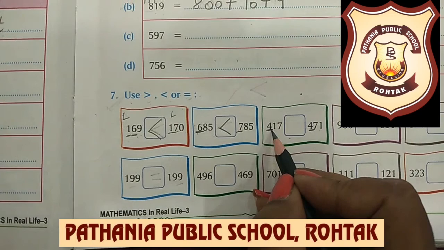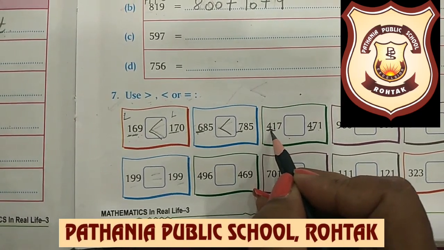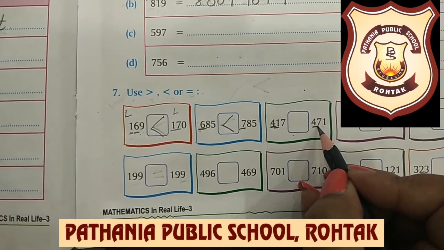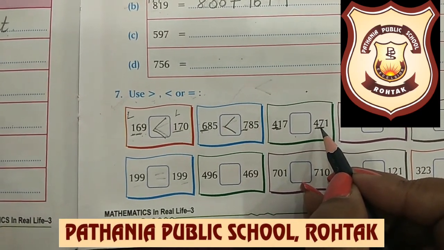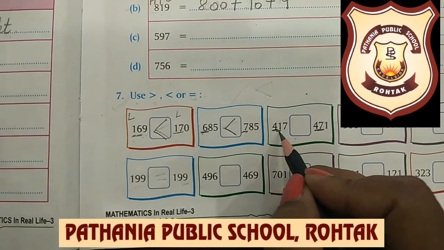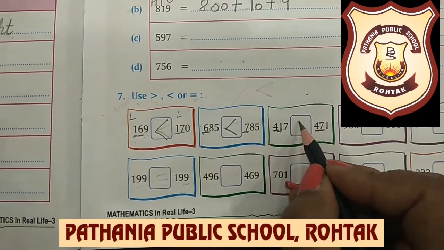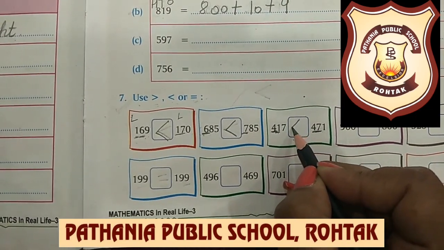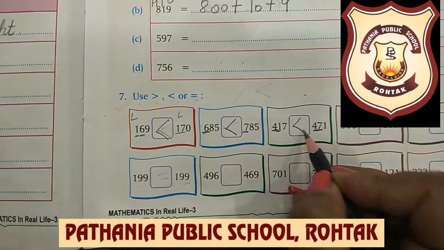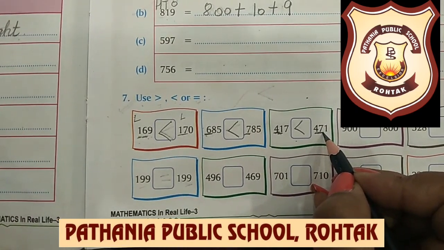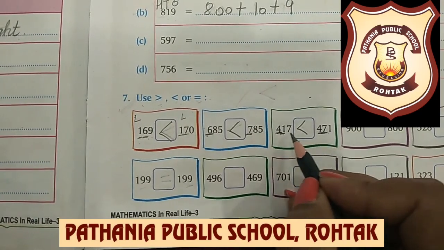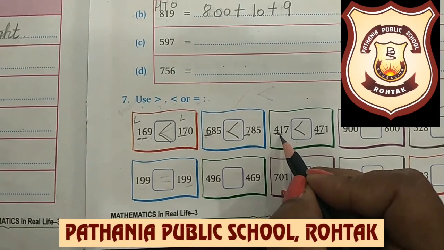Now 417 is having 1 as the second number and 471 is having 7 as the second number. So now 7 is greater than 1. So 471 is greater than 417. So again we will put the greater than sign in front of 471 because 471 is greater than 417.